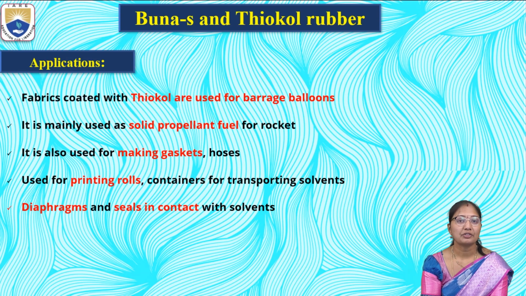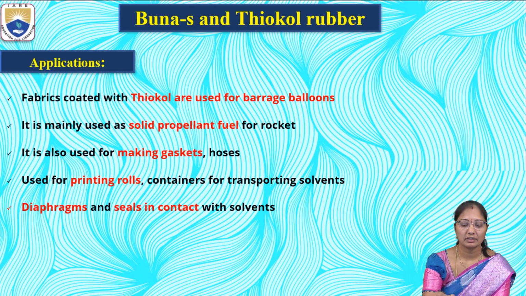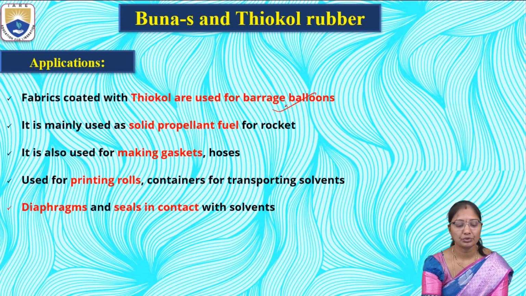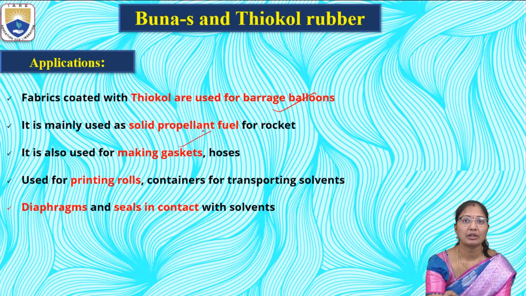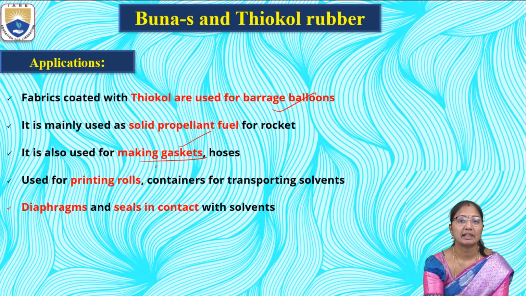What are the applications of Thiokol S rubber? Fabrics coated with Thiokol rubber are used for barrage balloons. It is also used as solid propellant fuel for rockets and for making gaskets, as it acts as gas leak proof. They are used in making gaskets for hoses for different applications.